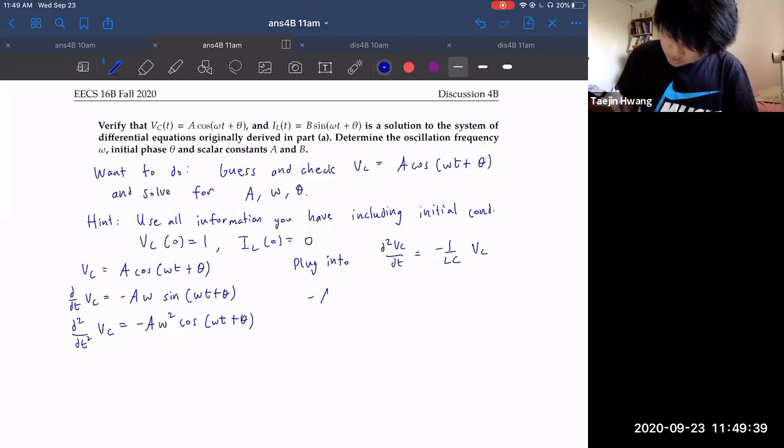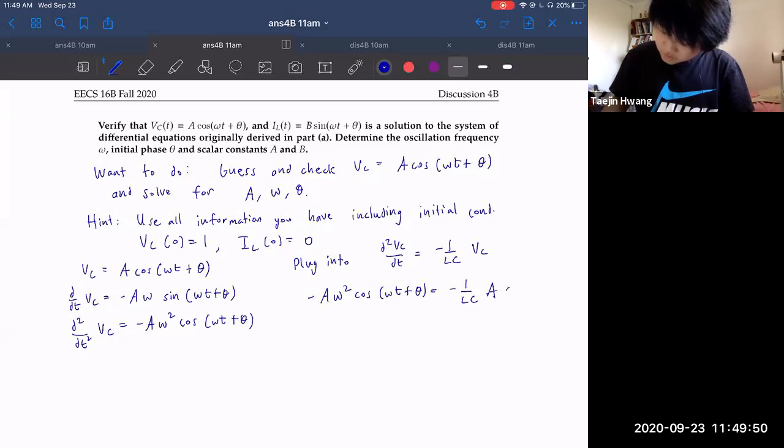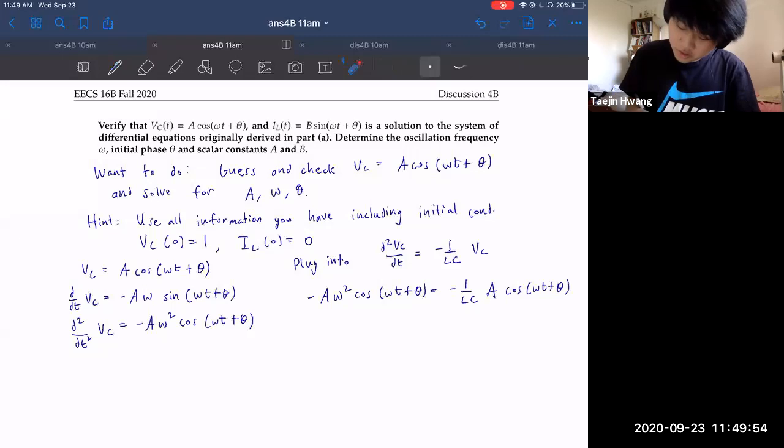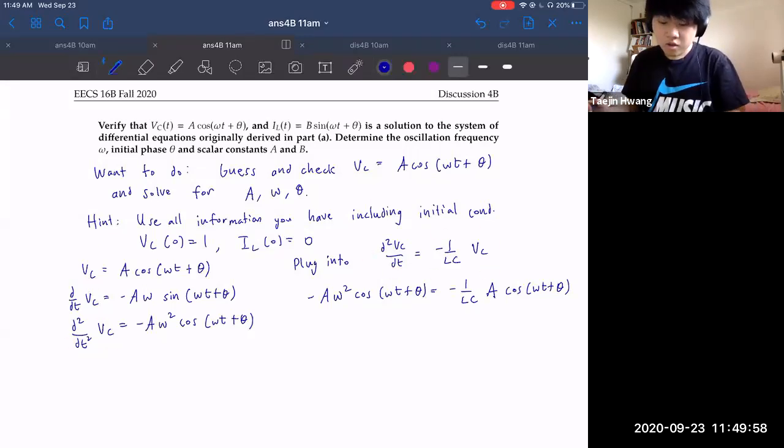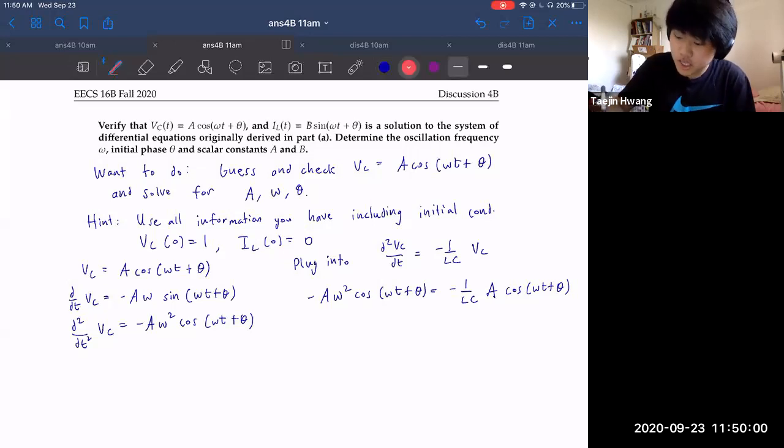So we get negative A omega squared cosine of omega t plus theta is equal to negative 1 over LC A cosine of omega t plus theta. All I did was plug in VC and its second derivative into the equation. And then we can cancel everything out.